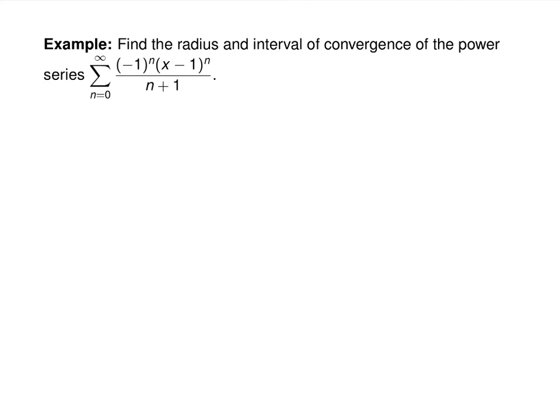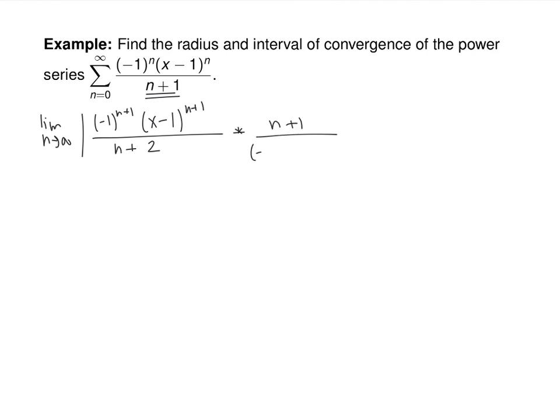All right, let's try another one then. So find the limit as n goes to infinity. Notice we can't use the root test because this thing is not raised to an nth power. So negative 1 to the n plus 1, (x minus 1) to the n plus 1, all over n plus 1 or n plus 2, times n plus 1 over negative 1 to the n, (x minus 1) to the n.